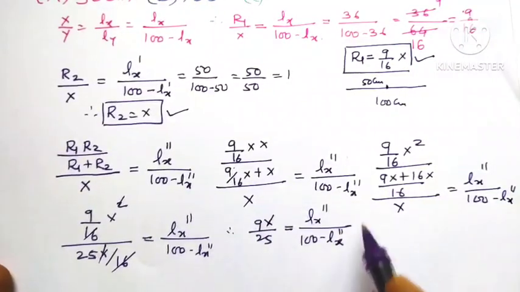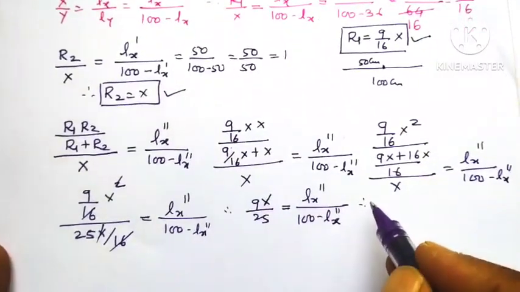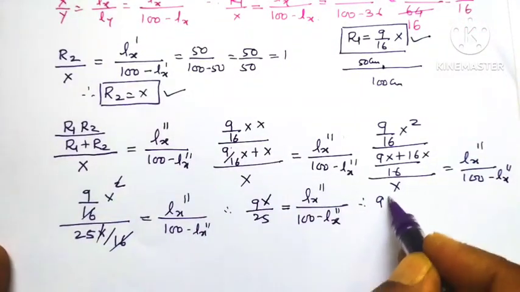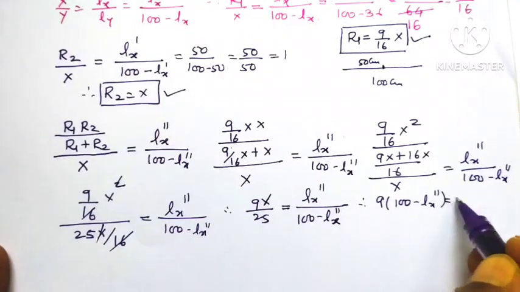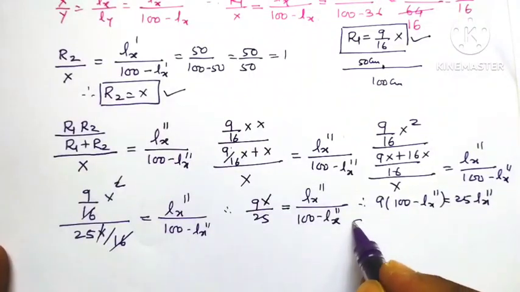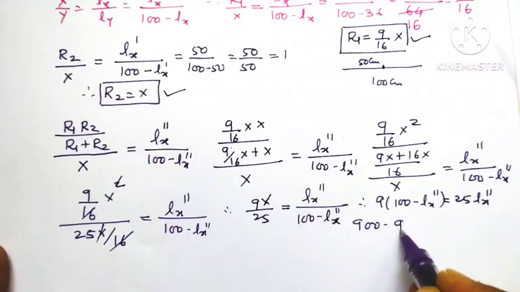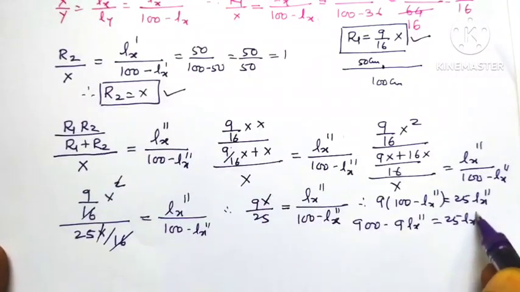This x is also cancelled. So cross multiply this. On cross multiplying, we get 9 into 100 minus Lx double dash is equal to 25 into Lx double dash. So 900 minus 9 Lx double dash is equal to 25 Lx double dash.